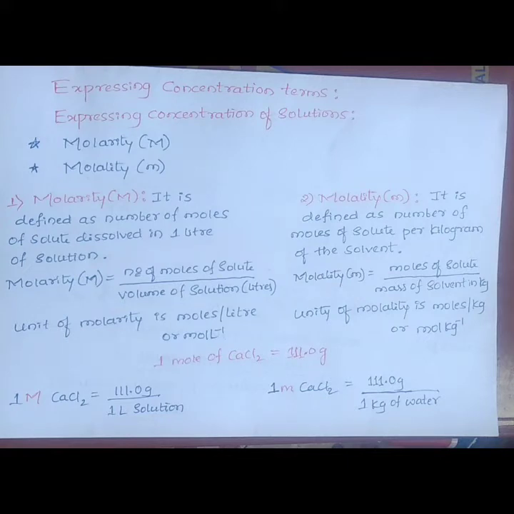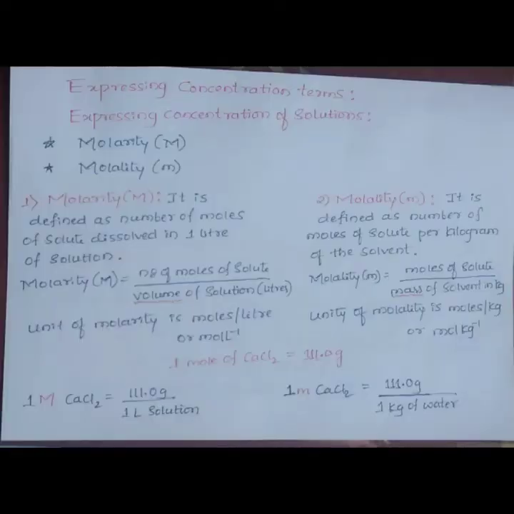So the unit of molarity is moles per liter, because as we know the formula is number of moles of solute upon volume of solution, which is expressed in liters. Now, molality. It is denoted by small m.